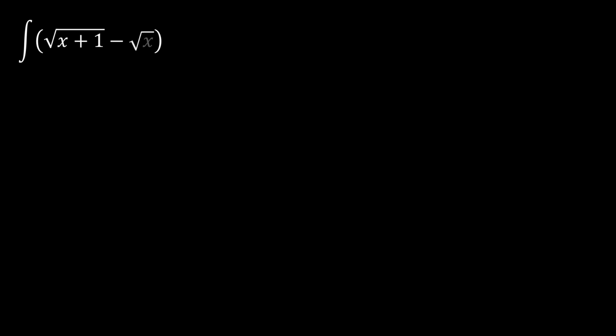So substituting into the integral in place of the square root of x plus 1 minus square root of x, we put in u. We have u to the power pi, and then keeping whatever was substituted for dx, we have u to the power 4 minus 1 over 2u cubed.